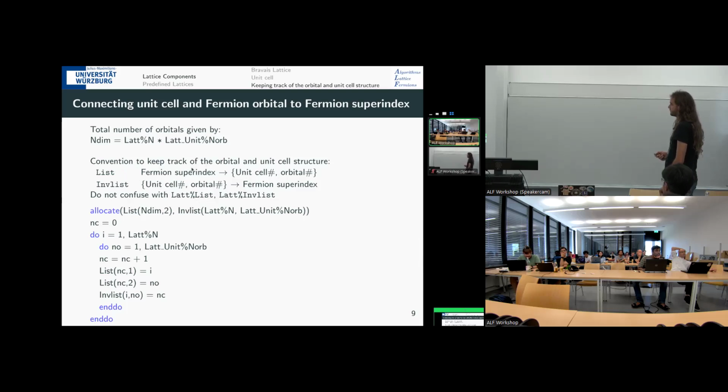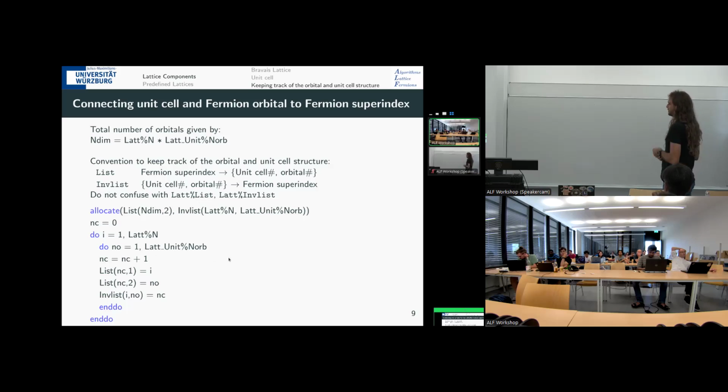Then to go from the unit cell number to the corresponding location in the Bravais lattice, you need the list which is part of the lattice, and this is like the list and inf list which are above that, basically, which are not part of the lattice.